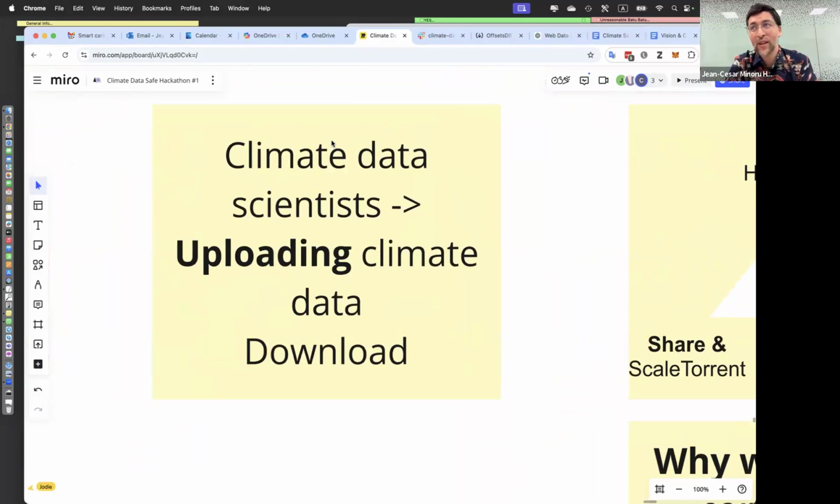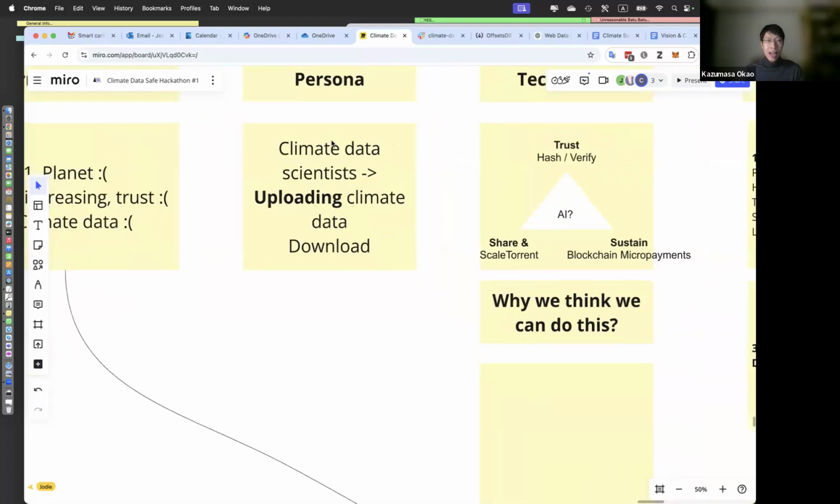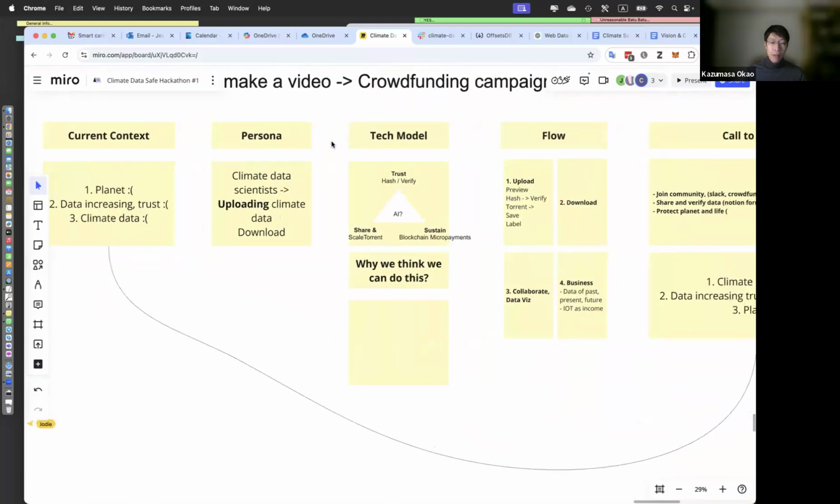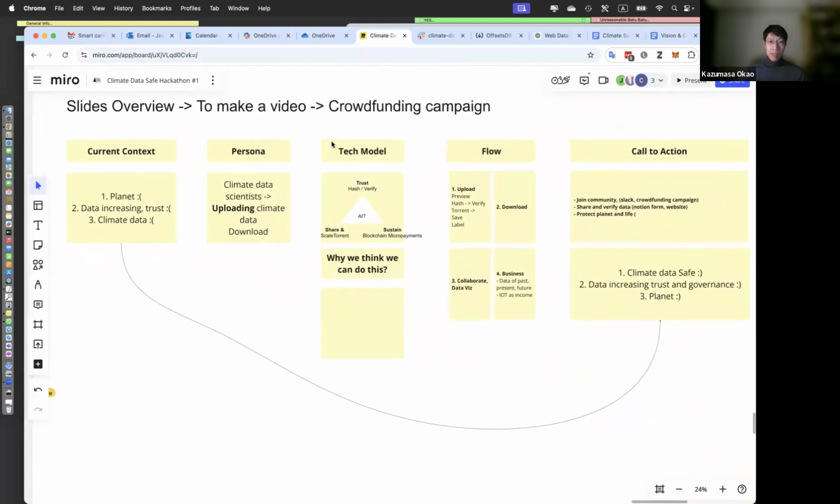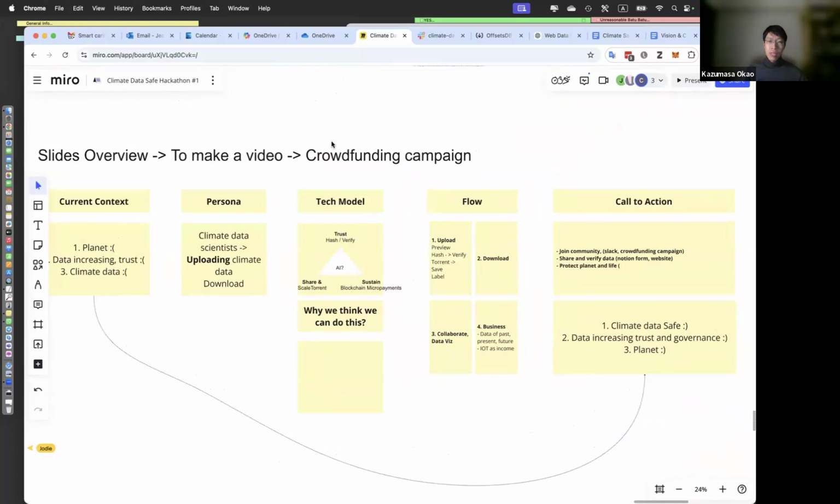And then as we have already left, and now we are focusing on climate scientists, I think it's pretty difficult for us to integrate it for climate scientists.